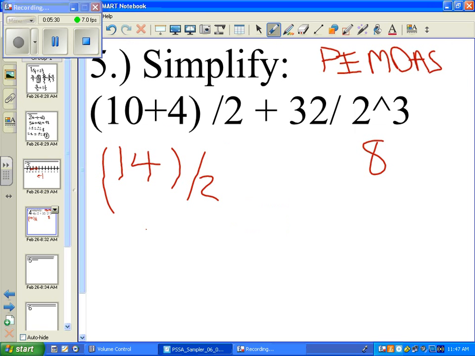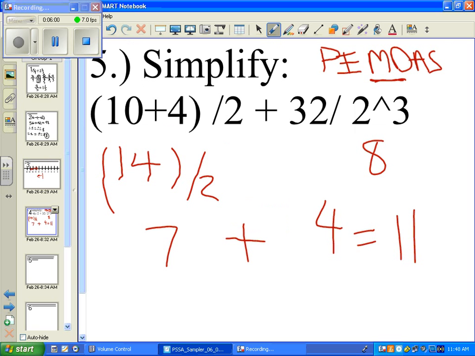So we have a division here. And we have a division here. 8 divided into 32 is 4. So we have 7 plus 4, that equals 11. It's very important that you follow the procedure PEMDAS, realizing that these have equal precedence.